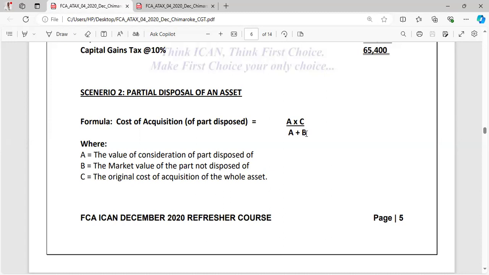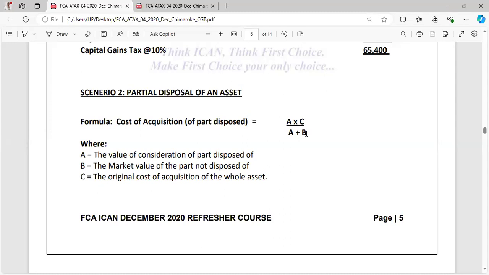B is the market value of the part you are not disposing. C is the original cost of the whole asset, that is, how much you bought the whole asset for when you bought it as one. So when an examiner is testing you on partial disposal of an asset, he is testing whether you can remember this formula and apply it.